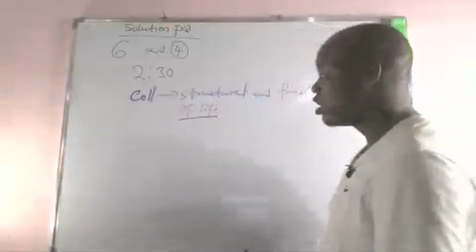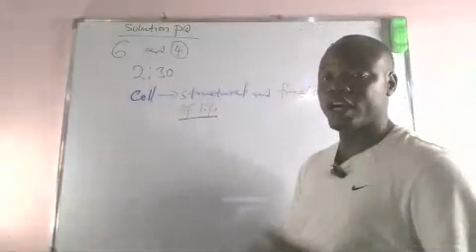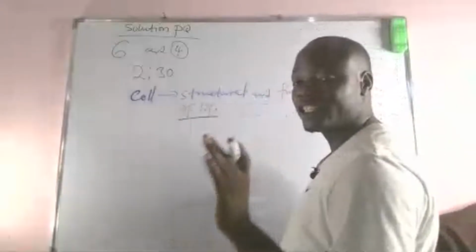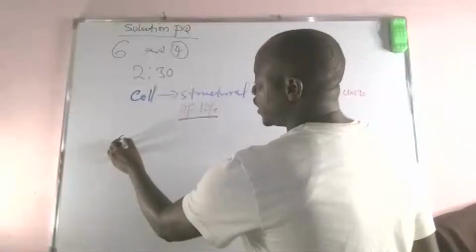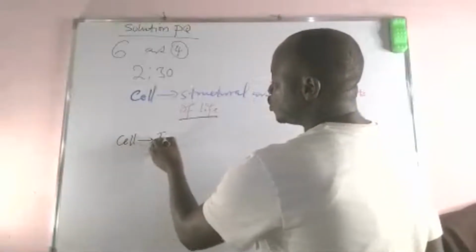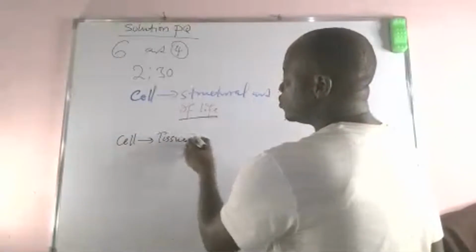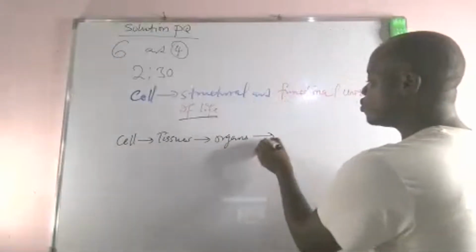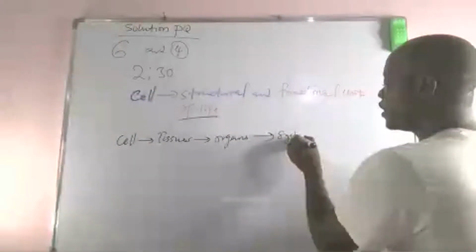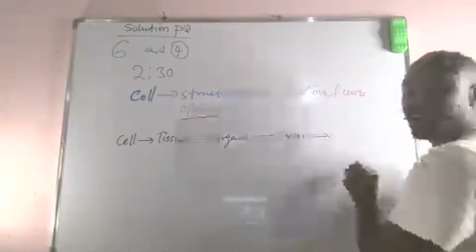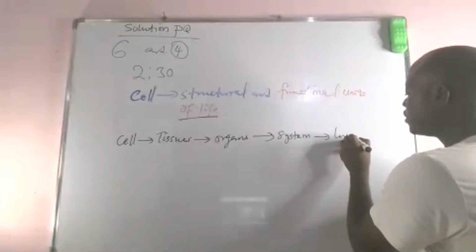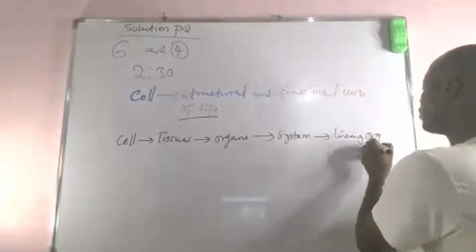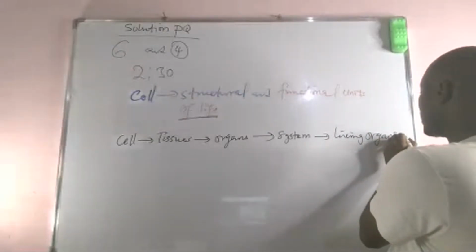Because from the organization of life, life starts from cell into tissue, then tissues into organs, then organs into systems, and from the systems you have a complete living organism.